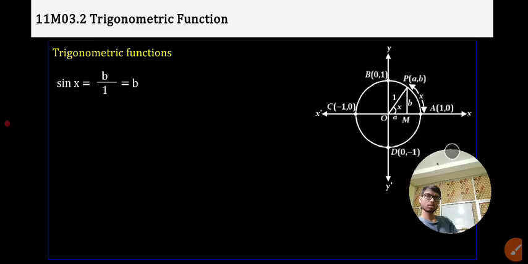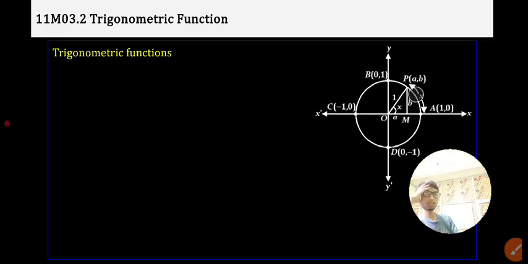These are questions. Let's explore this. In this, what is happening? We have this circle with radius one on a Cartesian plane. This is the first coordinate. This is the first quadrant. This is the second quadrant. This is the third quadrant. This is the fourth quadrant.